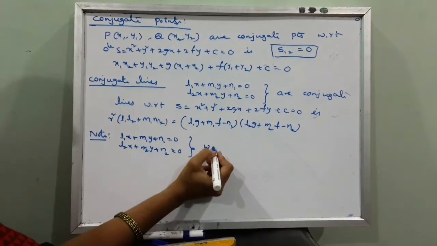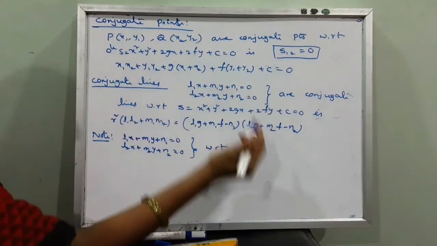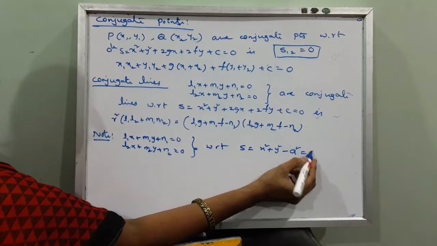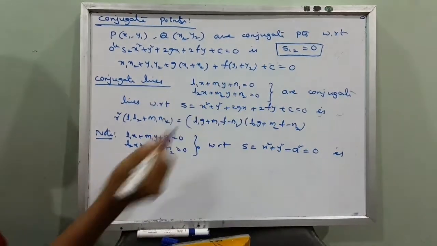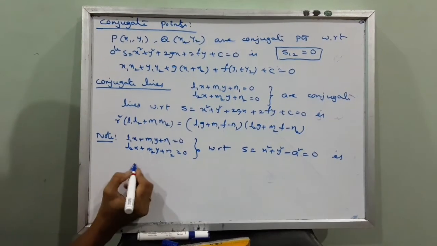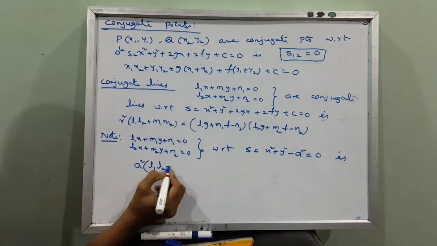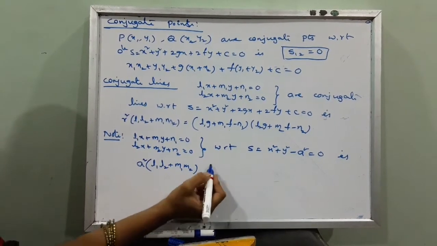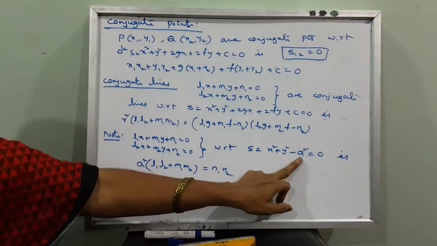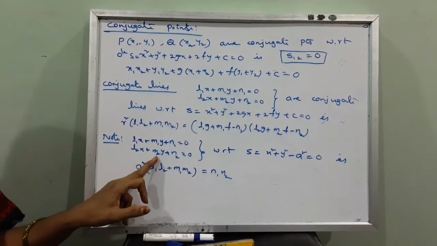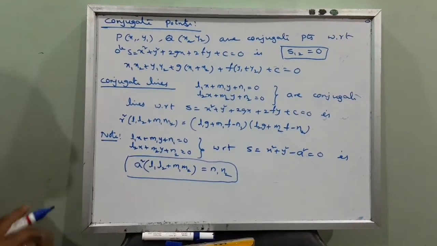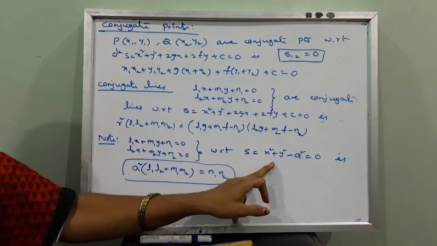Two lines are conjugate to each other with respect to the standard form of a circle x square plus y square minus a square is equal to 0 if a square (L1 L2 plus M1 M2) is equal to N1 N2. Here a is the radius. This is the condition for conjugate lines with respect to the standard form of a circle.